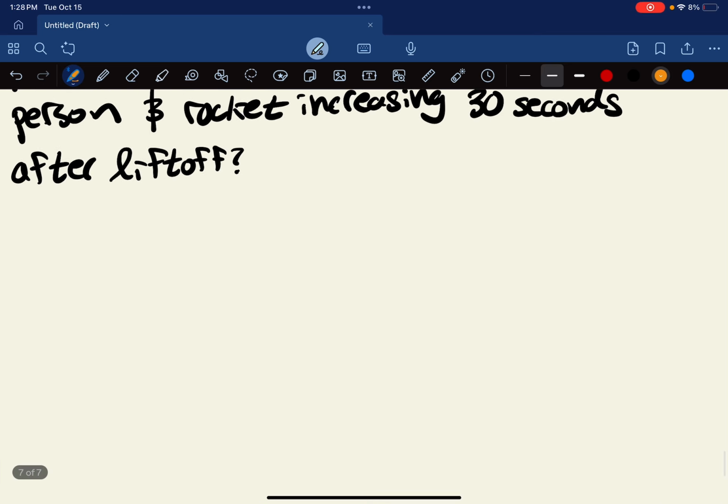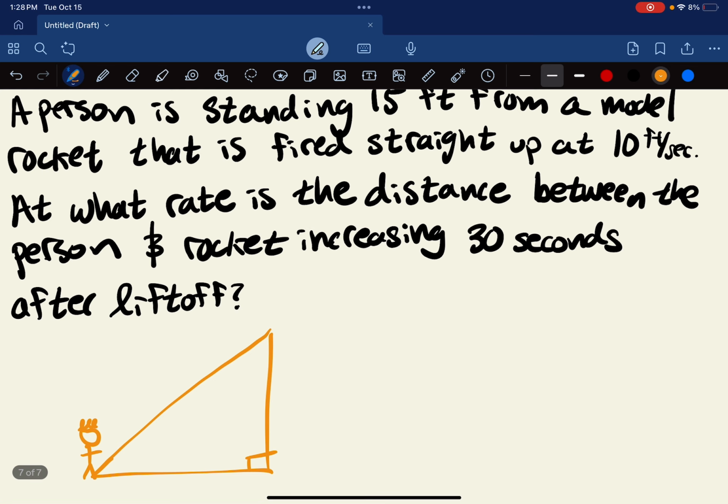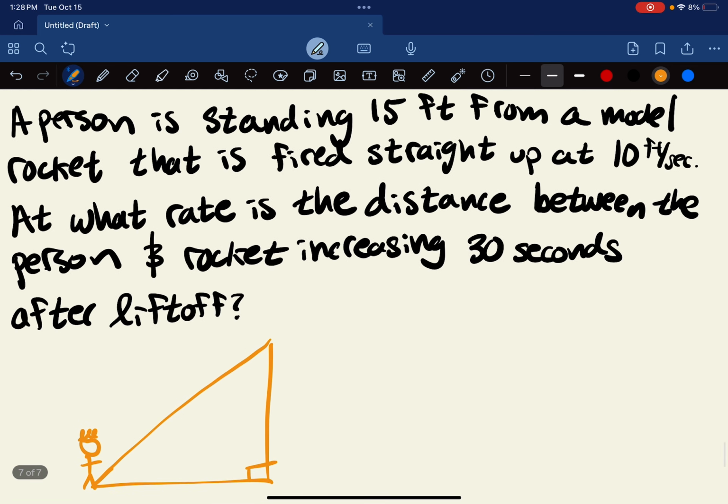So we got a few things here, and generally your strategy with these and just all triangle related rates problems in general is you want to have two triangles. One of them is general, so just what's happening at any point in the problem, and then one of them is going to be at an instance in the problem.